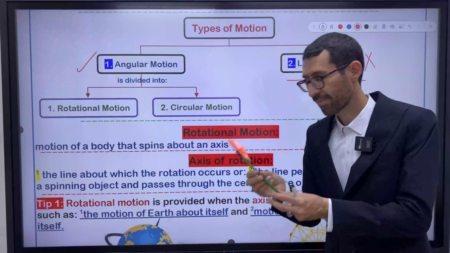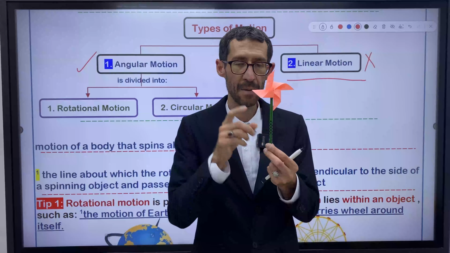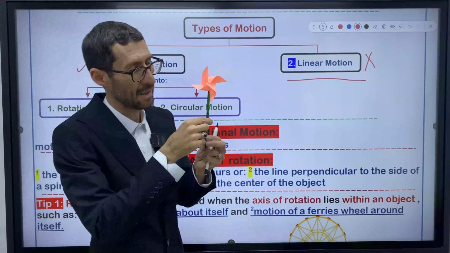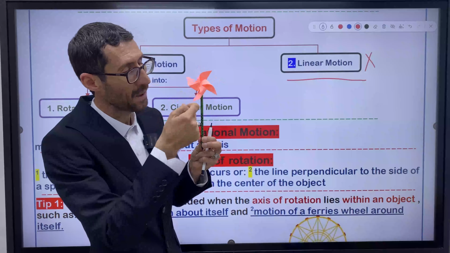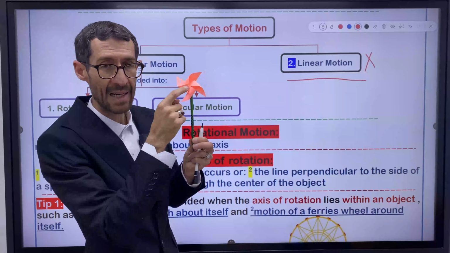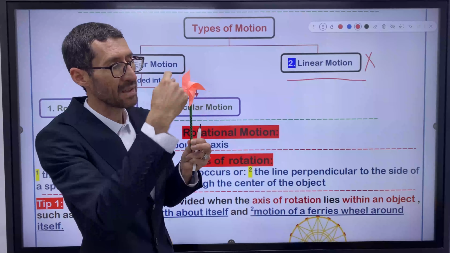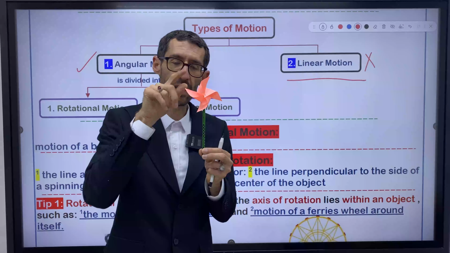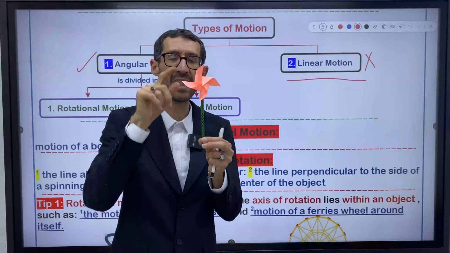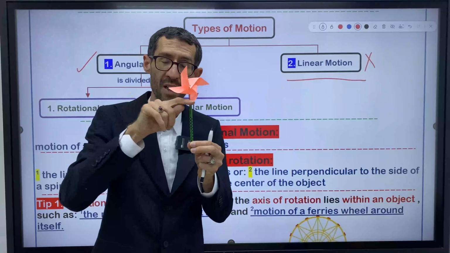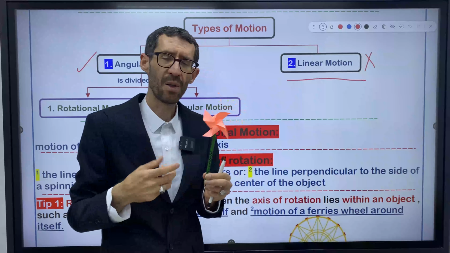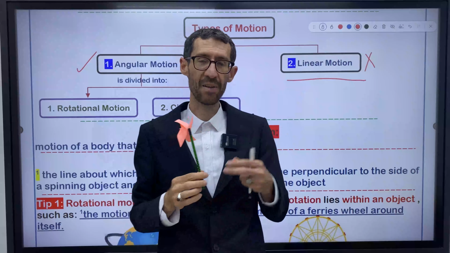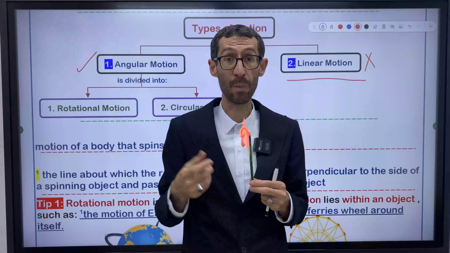Or like this pinwheel. This pinwheel rotates about a pin. The pin here is considered an axis. That's why this pinwheel rotates about a particular axis. This motion is called rotational motion. Maybe you think of the ceiling fan as another type of rotational motion.